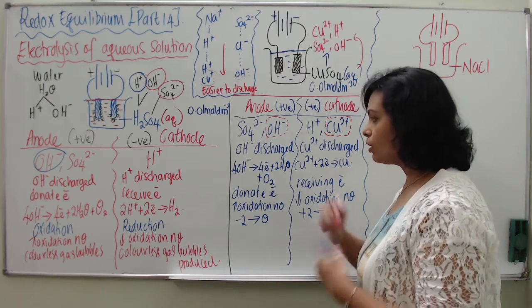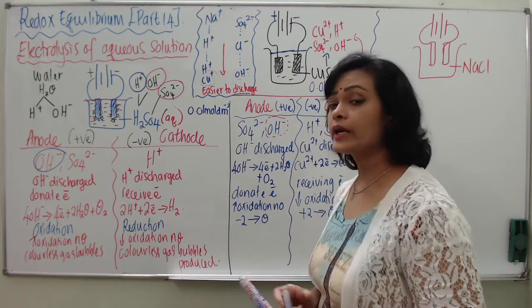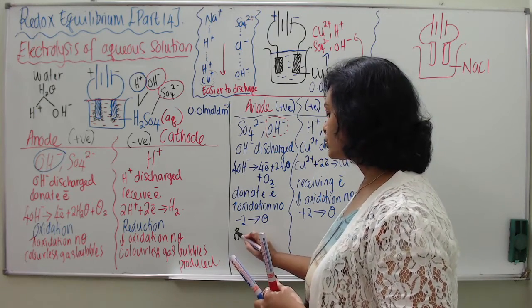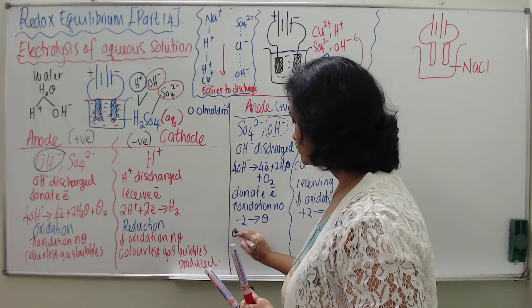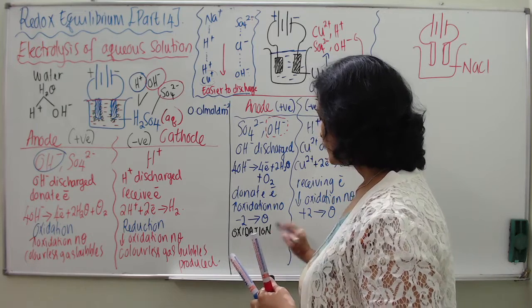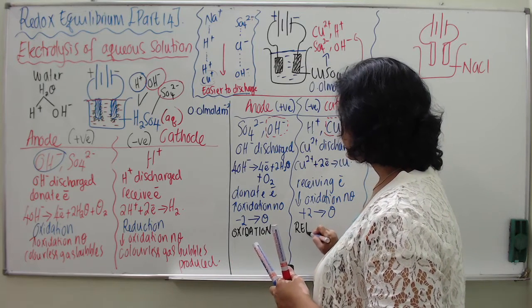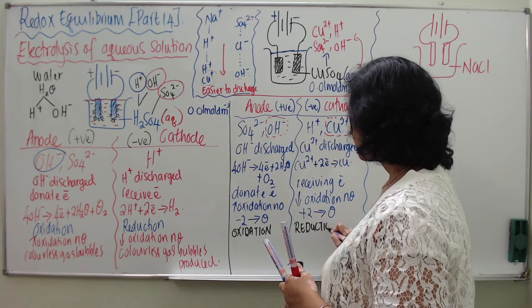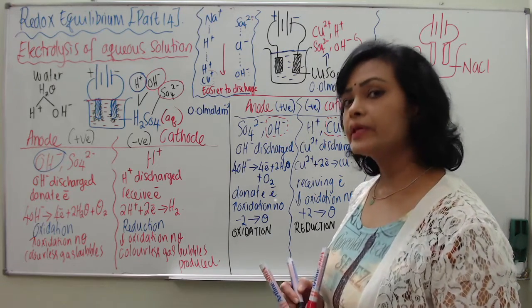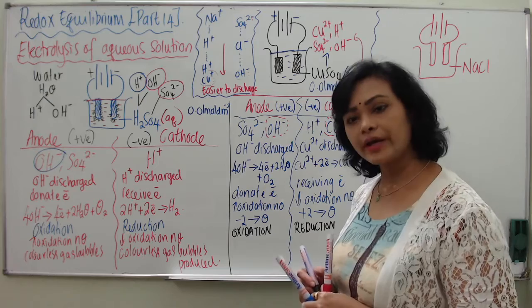So thanks to all this information, we can come to the conclusion that oxidation happens at anode and reduction happens at cathode. And what will be the observation for this reaction?